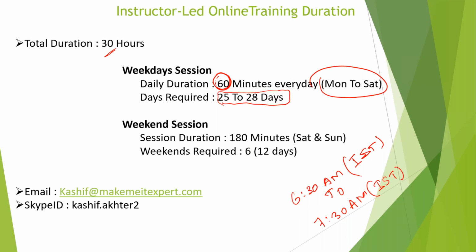Now I do weekend sessions as well, but the weekend session is going to get started, I think, after 15 days, not now. On Saturday we do 3 hours and Sunday 3 hours of training on the weekend. This is the 1 hour daily session for this batch, 6:30 to 7:30 a.m., Monday to Saturday, India time.